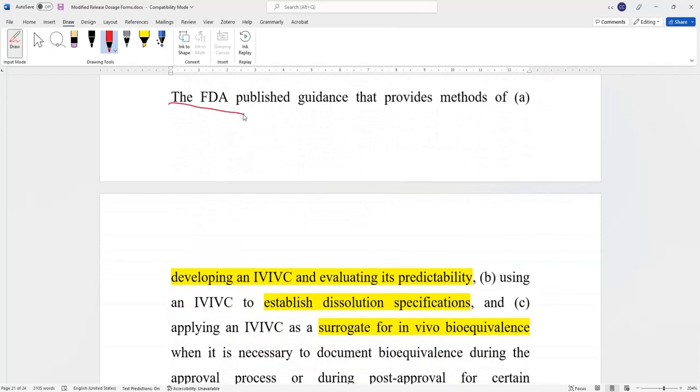The FDA provides guidance on how to develop, if you have a new extended release product, in vitro in vivo correlation and how to see whether it's able to do prediction. Meaning from in vitro I predict what happens in vivo, in a human.